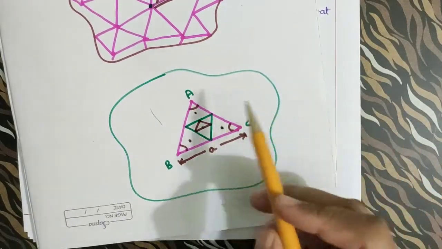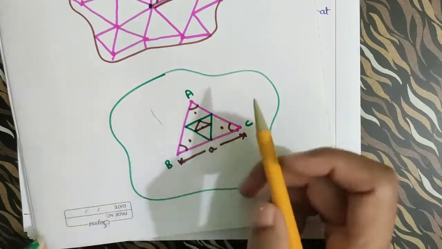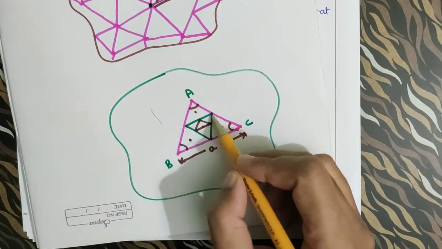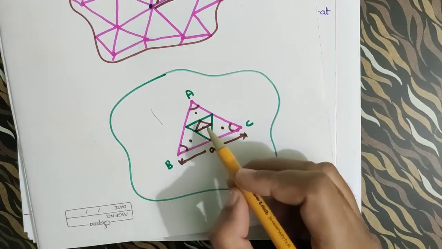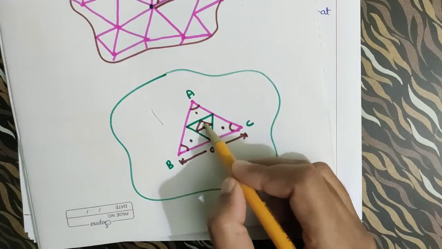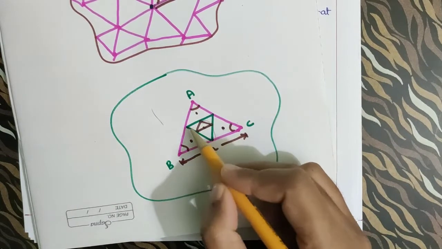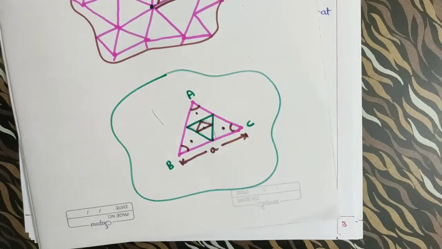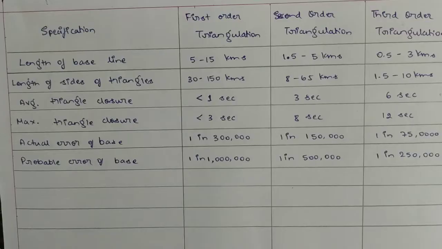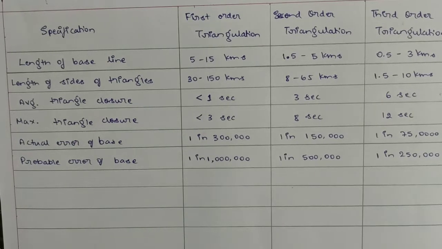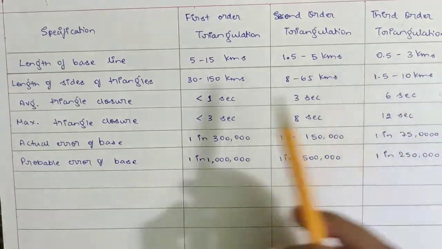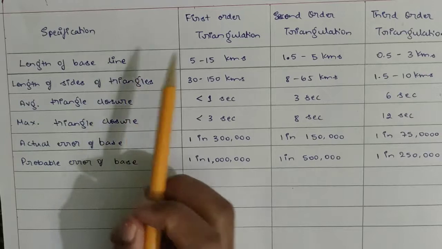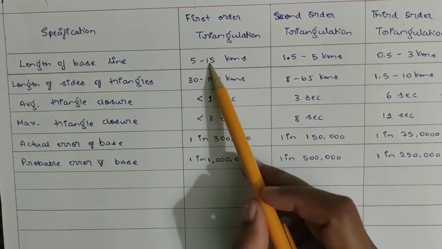See here, I have explained it. The framework of secondary triangles is within the primary triangulation. Then the framework of tertiary triangles is within the secondary triangulation. So these are the specifications for first order, second order and third order triangulation. Here the length of baseline for first order triangulation is 5 to 15 kilometers.